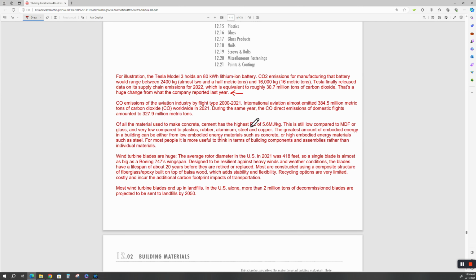Okay, embodied energy in a building can either be from low embodied energy materials such as concrete or high embodied energy materials such as steel. Okay, for most people, it's more useful to think in terms of building components and assemblies rather than individual materials.